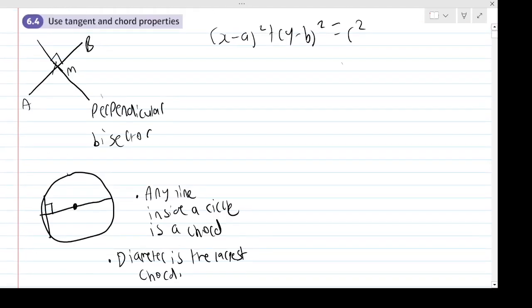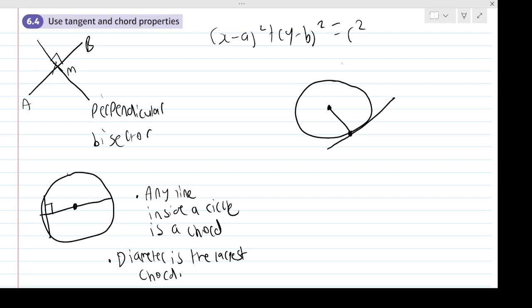The second one is to do with tangents, and this one you should be very familiar with from GCSE, and the examples and working we will be doing today will be like certain GCSE questions you would have seen, so it shouldn't be too unfamiliar. And the circle theorem related to tangents is, well, if we have a radius, a line that goes from the centre to the edge of the circle, then at that point on the edge, we draw a tangent line.